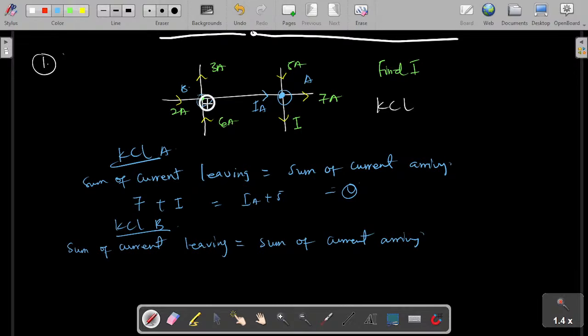For junction B, for the currents leaving we have IA and also 3 amps. And this should be equal to the sum of currents arriving.